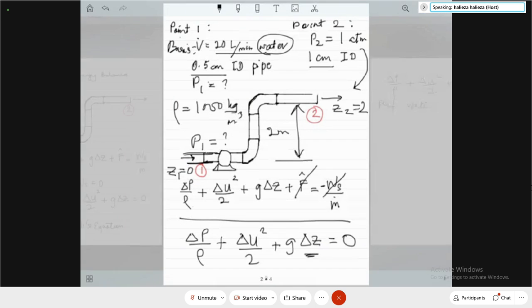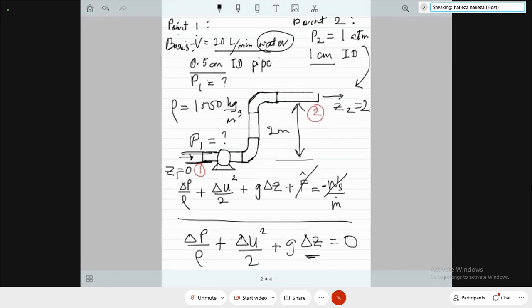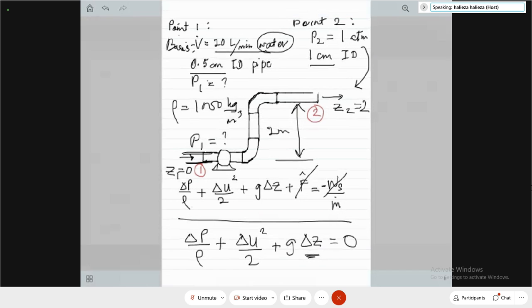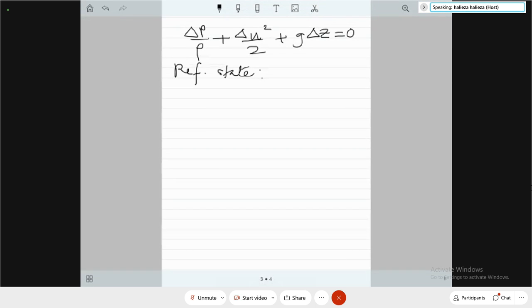Somebody give me a reason. In point 1, there's no pressure mentioned. Okay, thank you, Muhammad Ikmal. So better to have it at point 2 because you have the pressure mentioned. So let's choose the reference state at position 2.